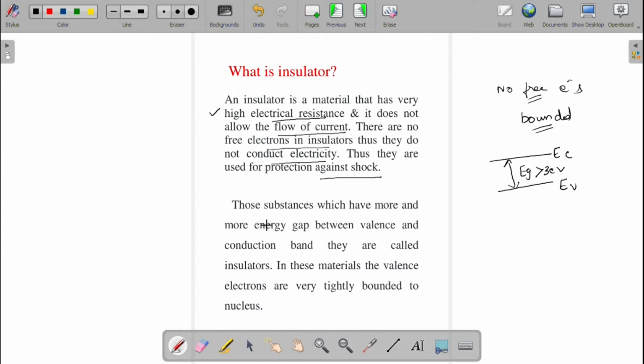Those substances which have a large energy gap between valency band and conduction band are called insulators, because the electrons are tightly bound with the nucleus, right? Examples of insulators are glass, mica, ebonite, anything we can write.